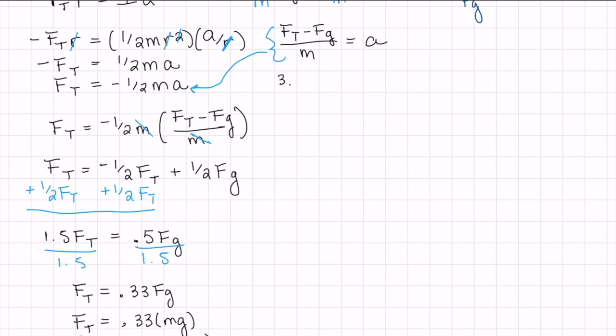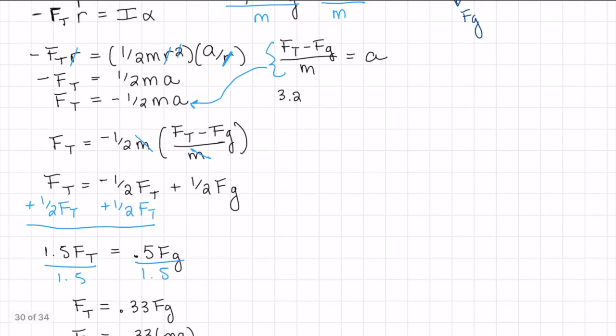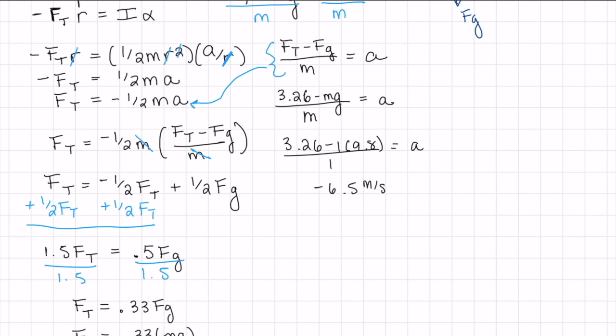So we'll have 3.26 minus mg over m equals a, so minus 1 times 9.8 over 1, and that will give me negative 6.5 meters per second squared as the translational acceleration.